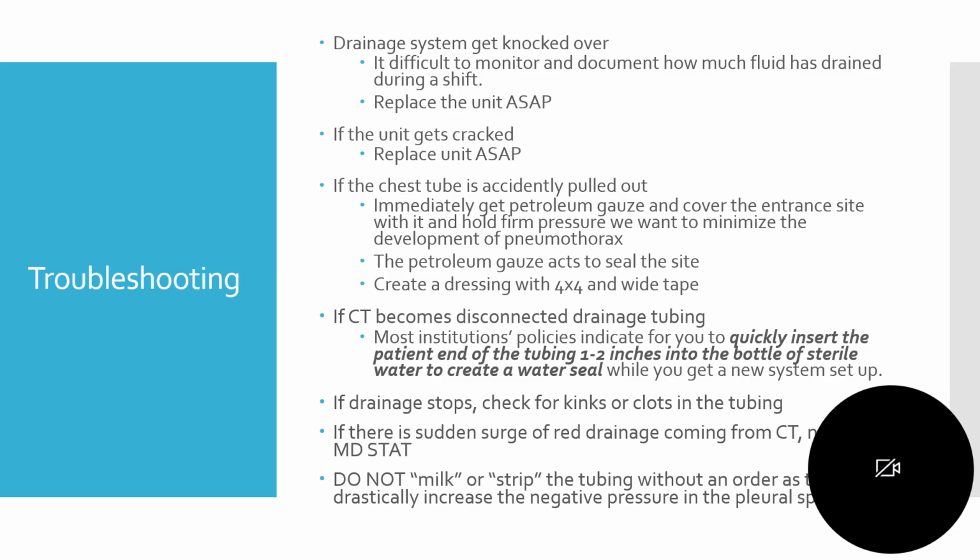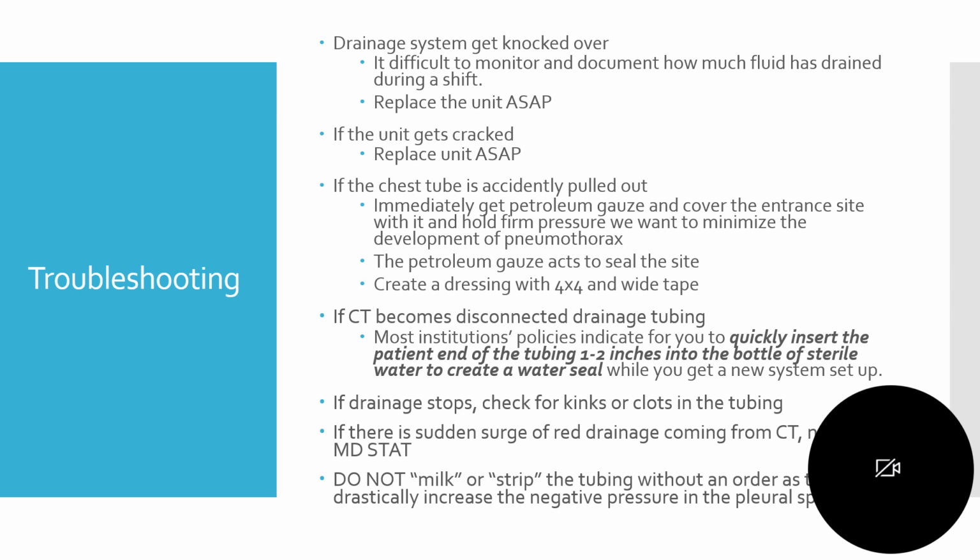In this slide, I put down some troubleshooting for when you have a patient with a chest tube. As I mentioned earlier, if the drainage system gets knocked over, it's going to be really hard to keep an accurate I&O, so you have to replace the unit. If the unit falls, gets knocked over, and cracks, you're going to have to change it ASAP.